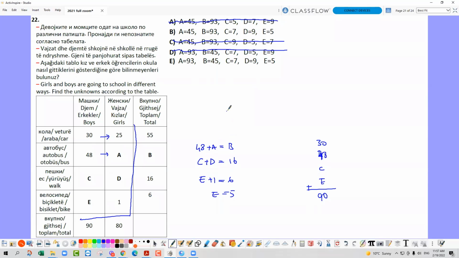It's obvious that B is bigger than A, because we are adding positive numbers and getting a bigger one. And on the B choice, B is bigger than A. Also, when you check that case, 45 plus 48 plus 45 is going to be equal to 93, which is A and B also.